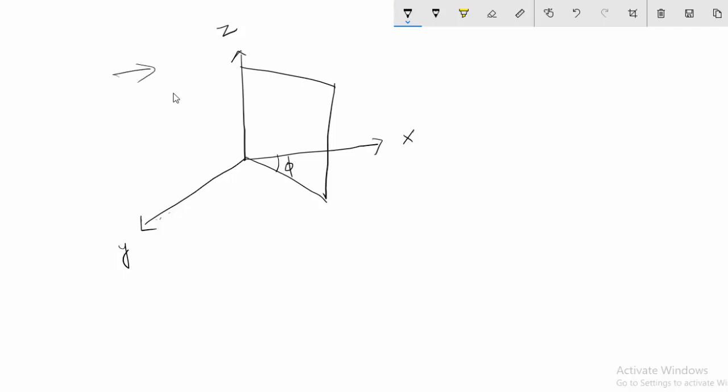So this is my Cartesian coordinate system, coordinate axes of x, y and z, which I have drawn here.